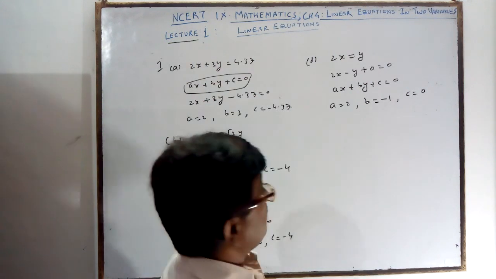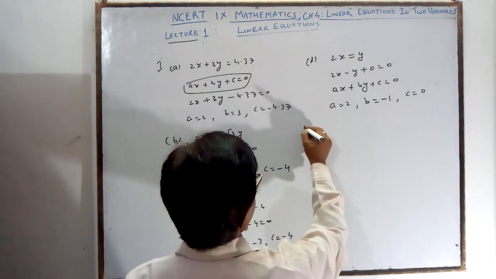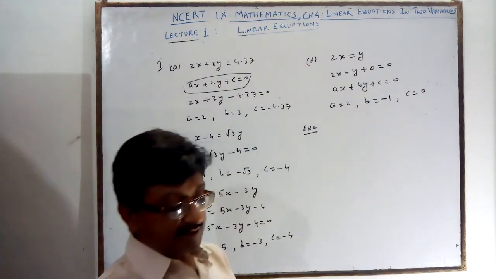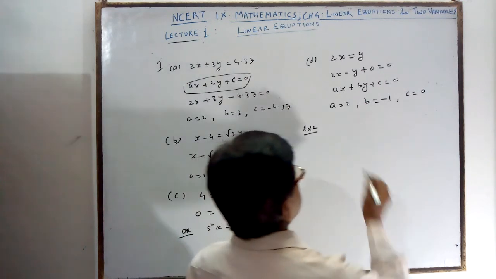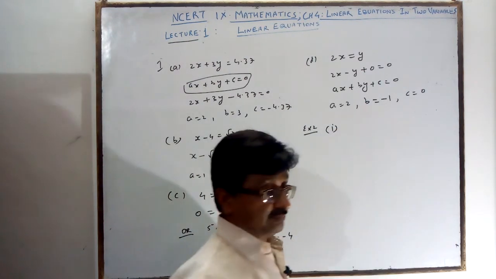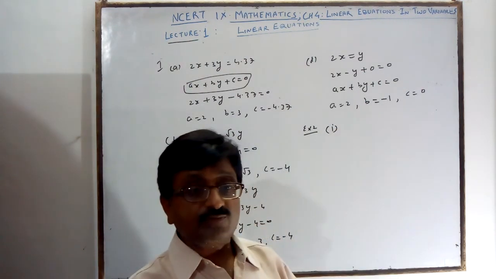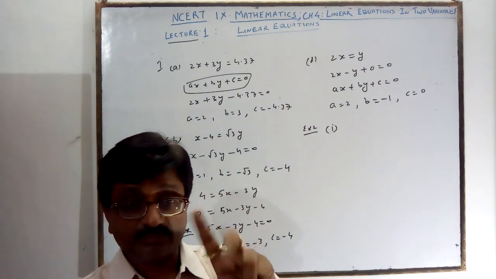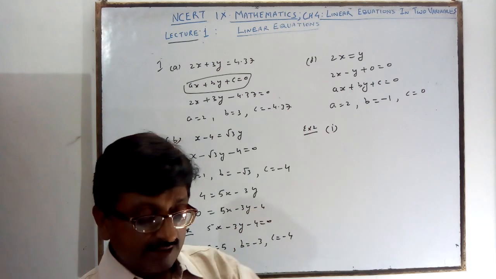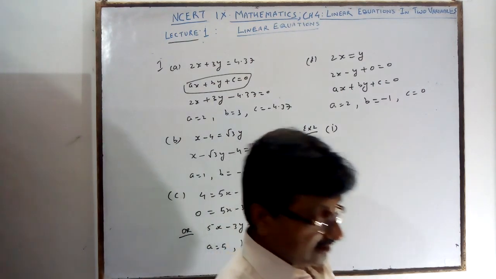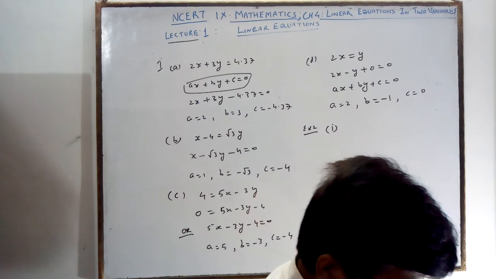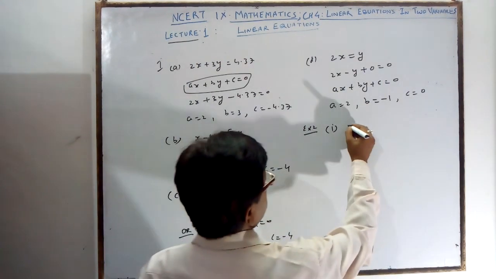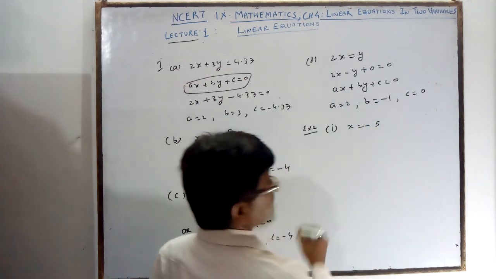Now example 2 is given: write each of the following equations in the form of a two-variable equation. And here, how will you see this? x equal to minus 5. What is given? x is equal to minus 5.